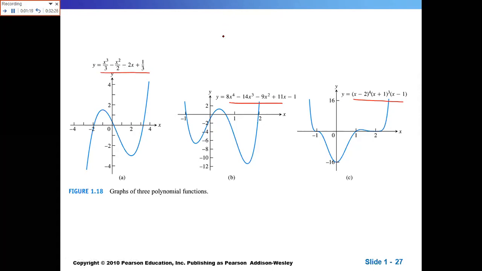If I give you this graph, for example, and I ask you what kind of graph this is, this looks like one period of a cosine, right?